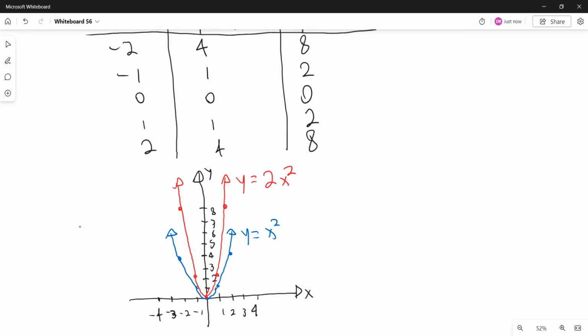So at the end, I have some extra line. Yes, I'm going to fix this. Okay, so the graph of x squared is stretched vertically by a factor of 2.